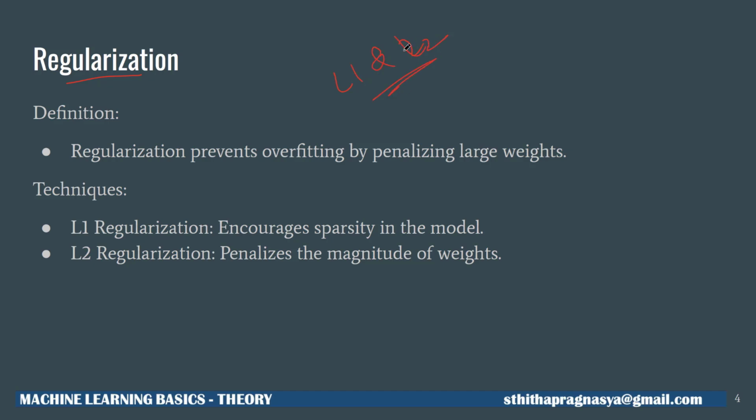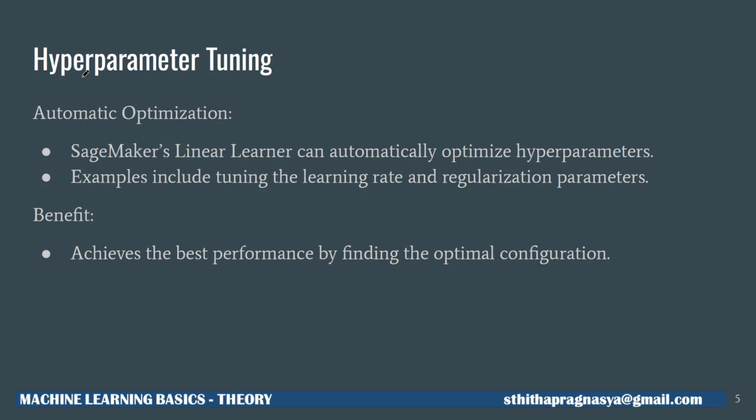We have separate videos coming later that will specifically talk about these regularizations. These techniques penalize large weights, encouraging the model to generalize better to unseen data. We will learn in more detail; for now, just know that that's regularization. Why regularization? To prevent overfitting. And then you have hyperparameter tuning.